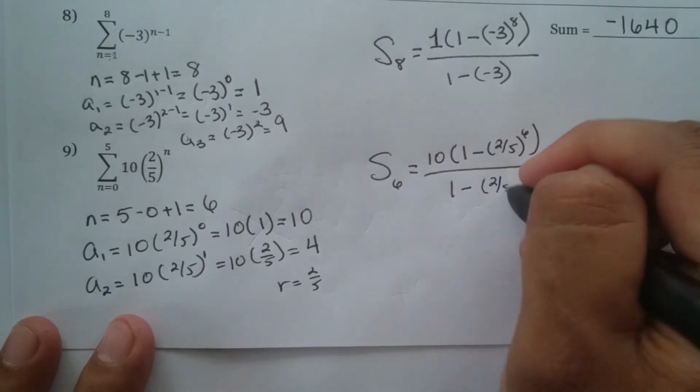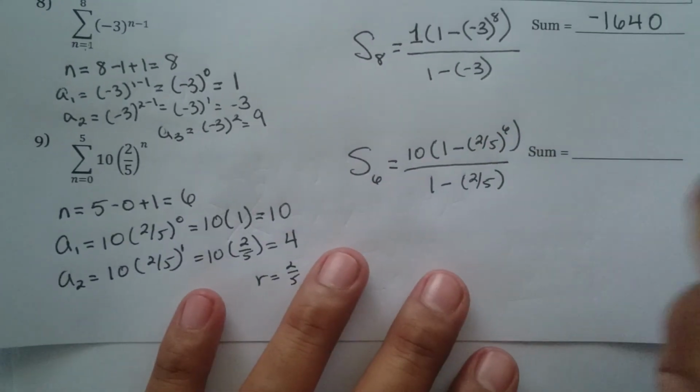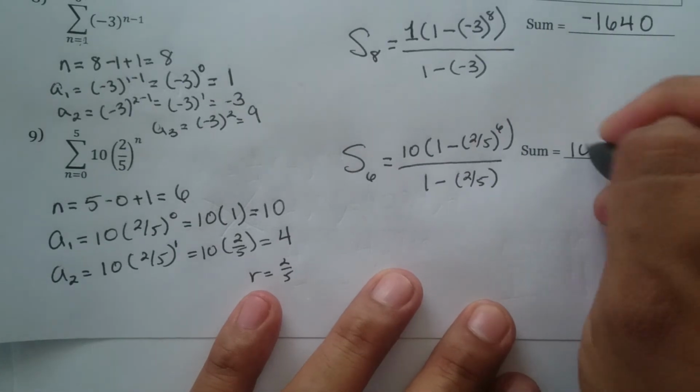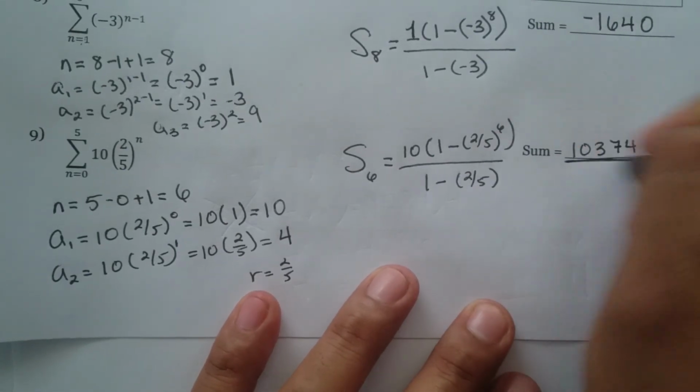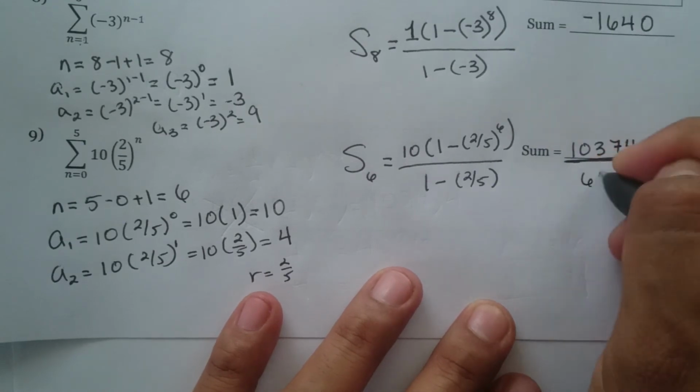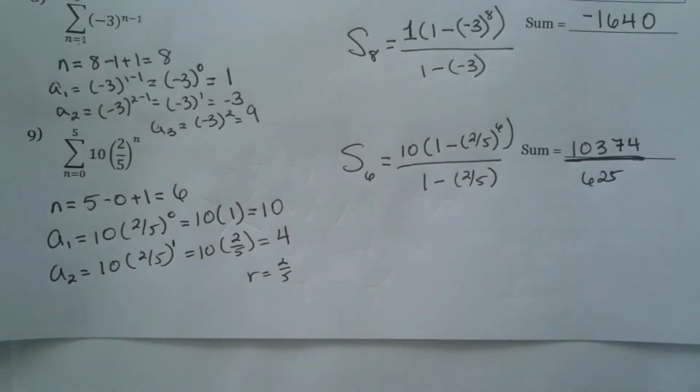Now, I'm not going to bore you putting this into my calculator again, but to do that, you get 10,374 divided by 625. Again, there's nowhere in here that says to round. If you put this into the calculator, it gives you a nice terminating decimal, then yes, you can type that into your quiz. But just to be safe, always make sure that you are entering the most reduced fraction.